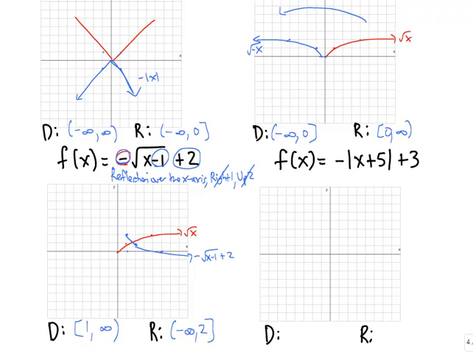Let's try one more. The last example here, our base graph is that absolute value function, which is normally a v, starting at the origin, going up 1 over 1 on both sides. And what we're going to do to it is we have this minus sign on the outside, which remember is a reflection over the x-axis because it's on the outside of your function.